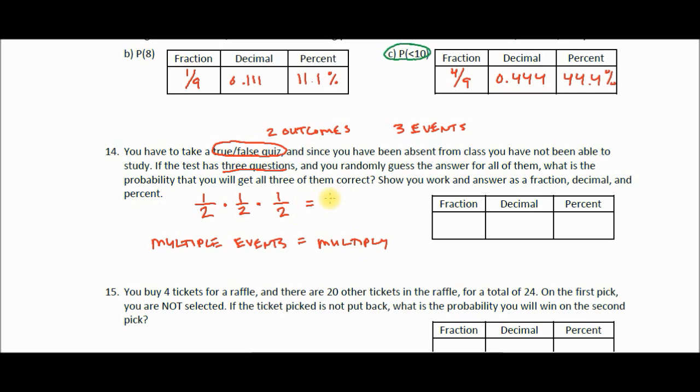So we're going to multiply that together and we get 1 over 8. Remember, you multiply the numerator, 1 times 1 times 1. Denominator, 2 times 2 times 2 is 8. Our fraction is going to be 1 over 8. That decimal is 0.125. And our percent is 12.5%.